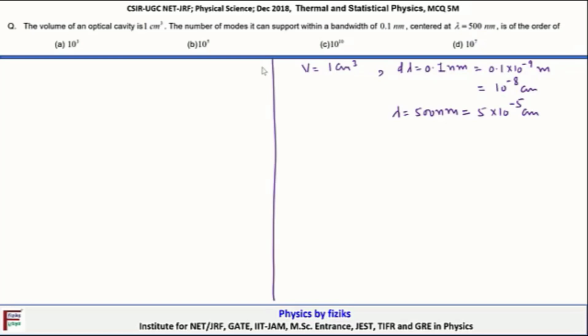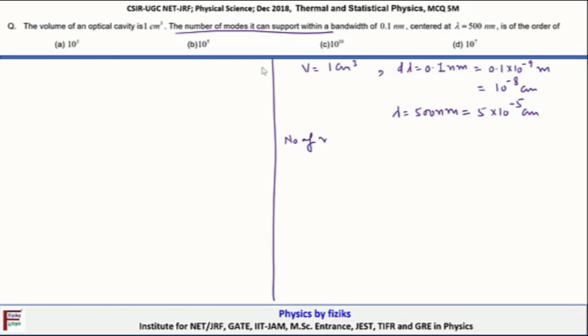Okay, now what is asked? The number of modes that can be supported. As in the lectures in theory class, as we have done in the chapter on radiation, the number of modes, so this expression you have to remember.